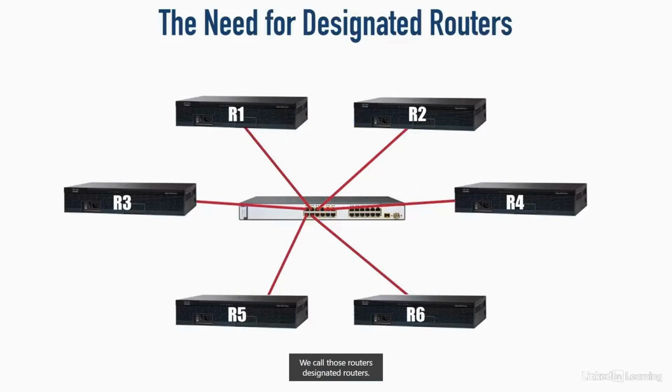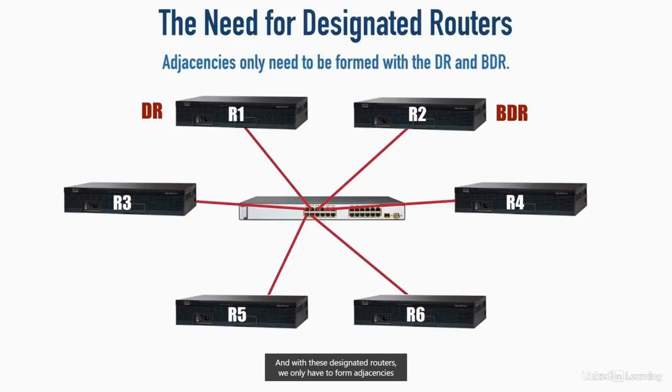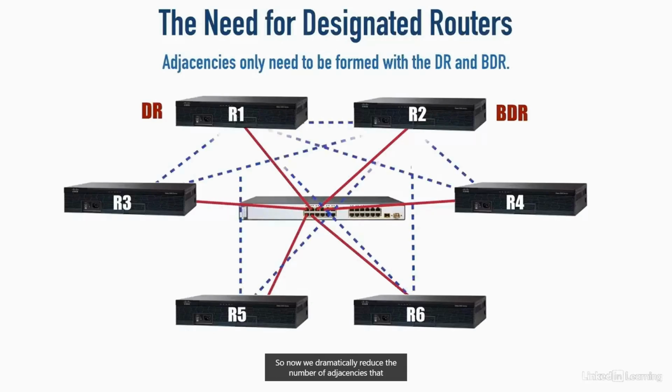We call those routers designated routers. Let's say that we're going to make R1 our designated router. And in case R1 were to go down, we'll have a backup. We'll say R2 is our BDR, our backup designated router. And with these designated routers, we only have to form adjacencies with the DR and the BDR. So now we dramatically reduce the number of adjacencies that have to be formed.